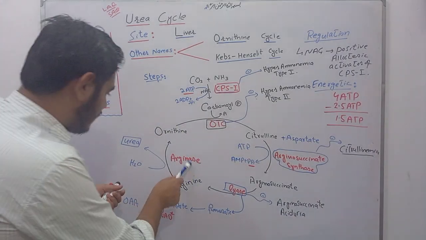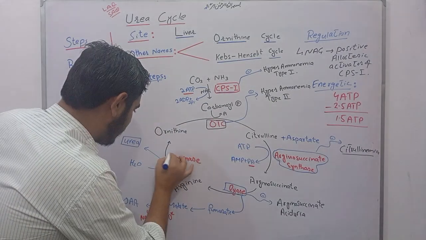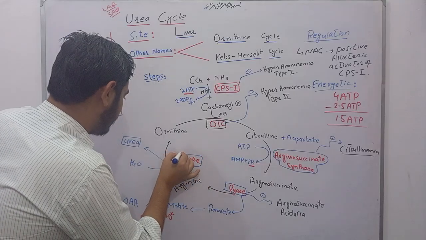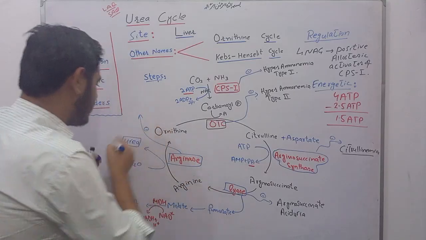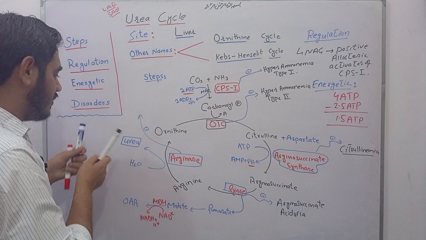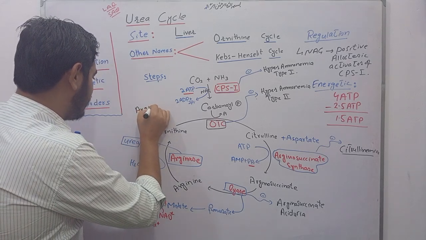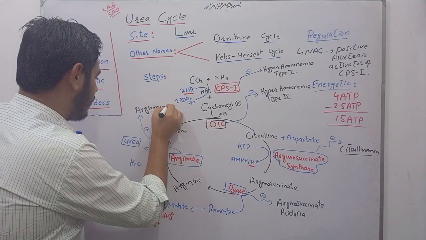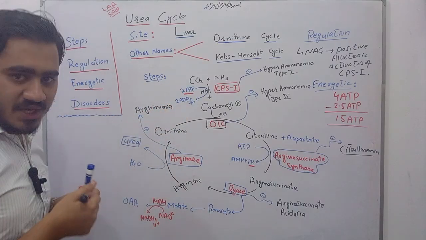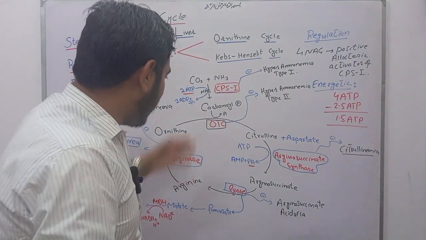And the deficiency of this arginase enzyme leads to the disorder arginemia. So these are the five disorders.